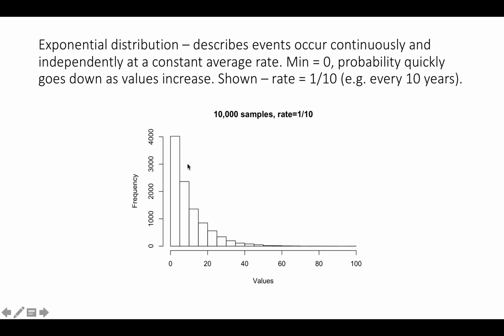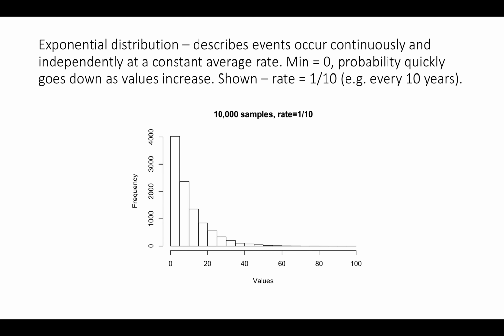So now moving on, again just to review, what's an exponential distribution? It describes events that can occur continuously and independently at a constant average rate. The minimum is 0, so you can't have negative values, and the probability quickly goes down as the values increase.